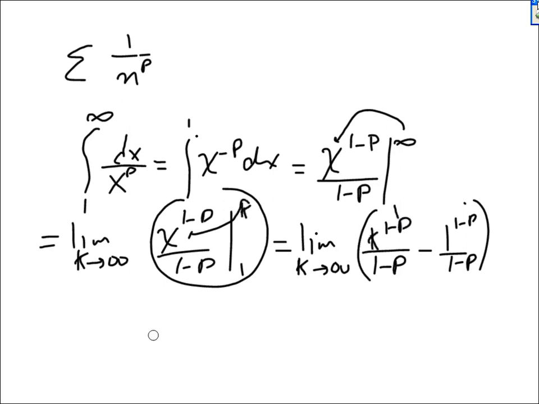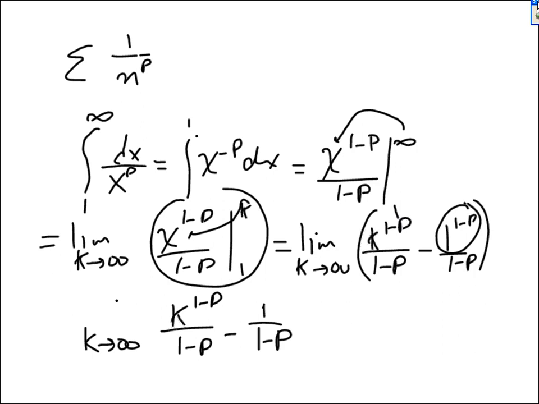So this becomes the limit as k goes to infinity of k to the 1 minus p over 1 minus p minus 1 to any power is 1 over 1 minus p. The limit of this constant is just itself. It's the first bracket that we're worrying about, and I have no idea why the word limit didn't come up.